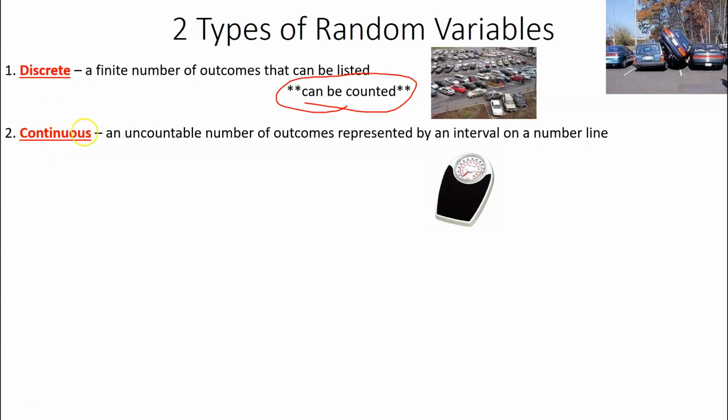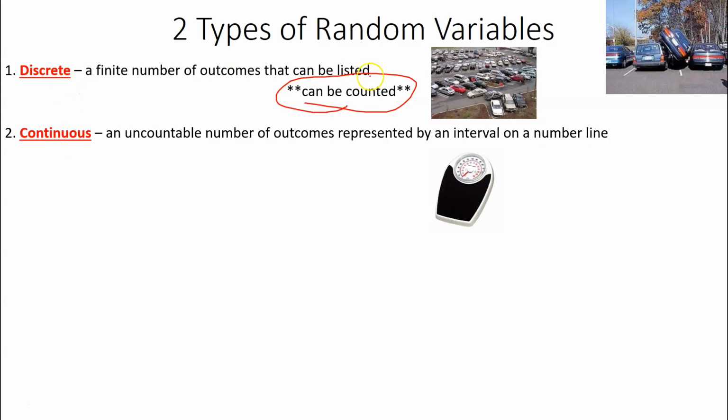Length is a continuous random variable because whatever measurement you say, 5 inches, it's 5 3/8 inches. Well, I could find a smaller unit than that. And so there's numbers between the numbers. Anytime there's numbers between the numbers, that's a continuous random variable.